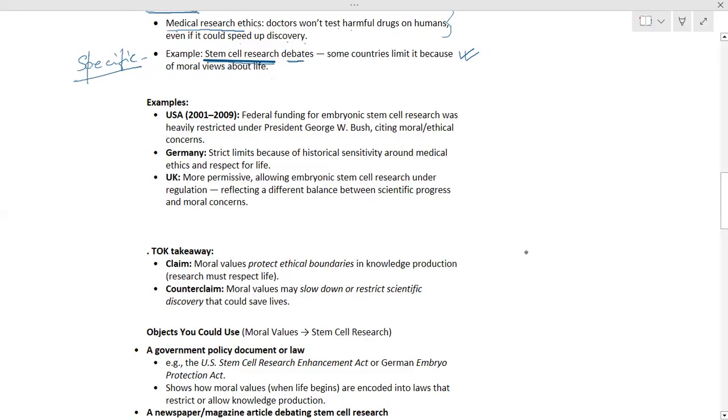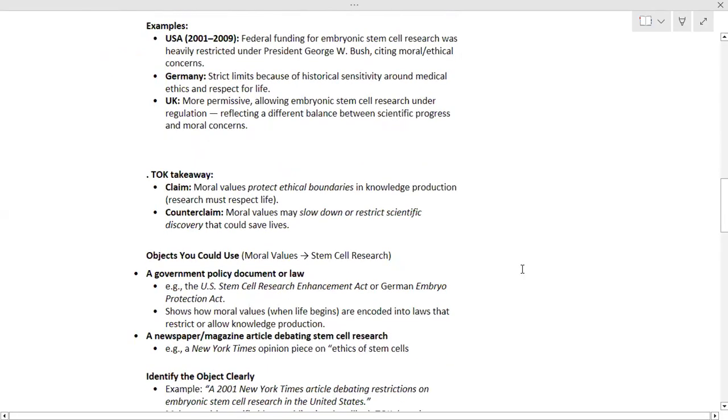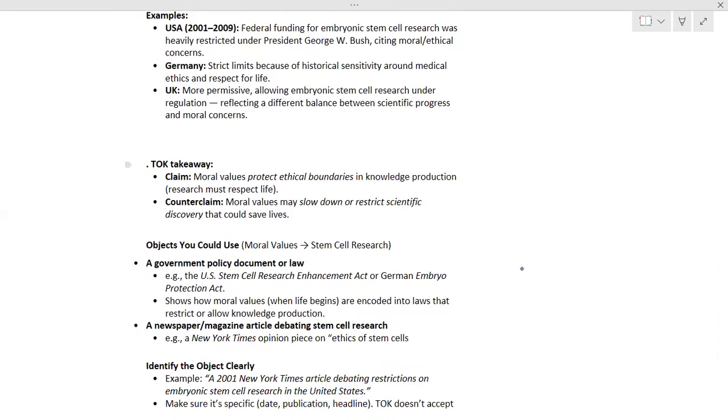Okay. Now, after discussing this much, what is the TOK takeaway? What is the claim and the counterclaim that you can make? Claim here refers to: moral values protect ethical boundaries in knowledge production. You understand that knowledge production is trying to find cures for certain diseases.